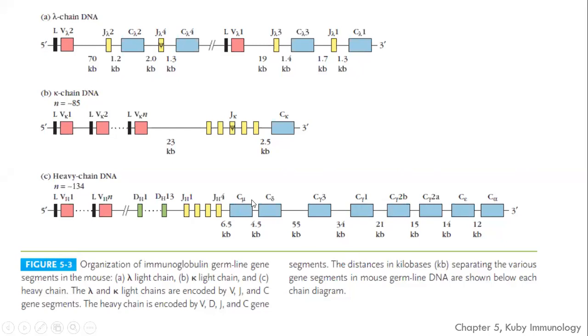So if you want to code for mu, you don't need all these segments, right? When you are coding specifically for an immunoglobulin, for example M, which I think is mu, you don't need all these. So there is a mechanism to remove the rest and take only the needed combination, which happens during gene recombination and rearrangement.